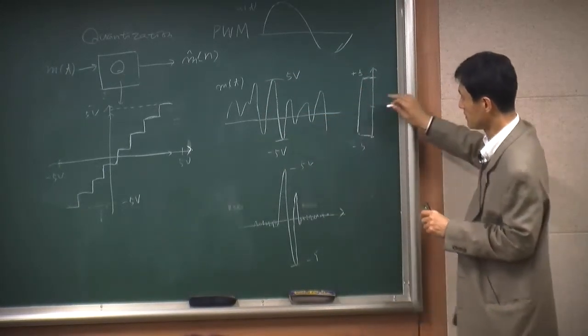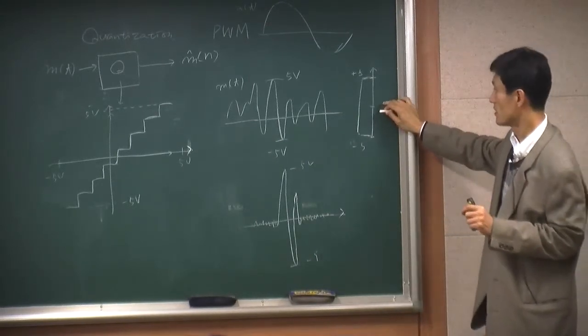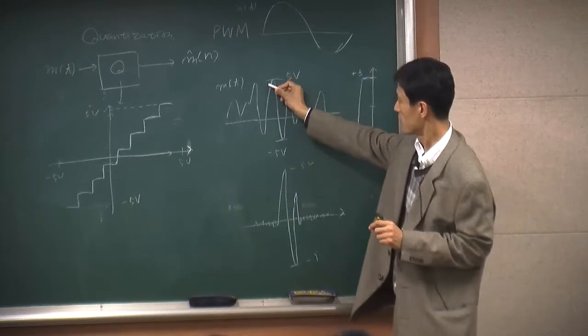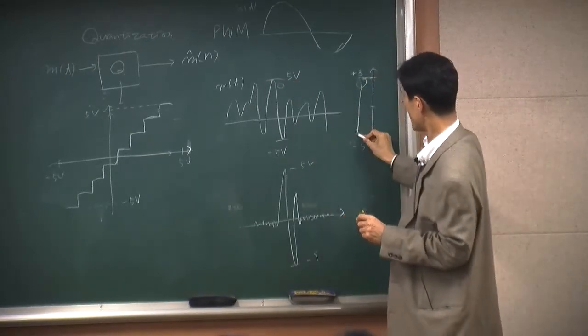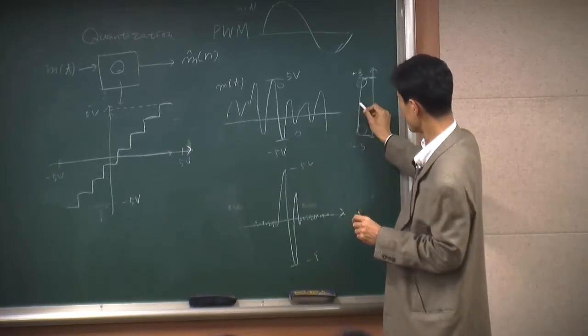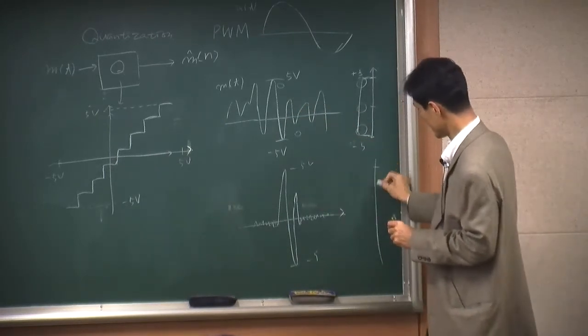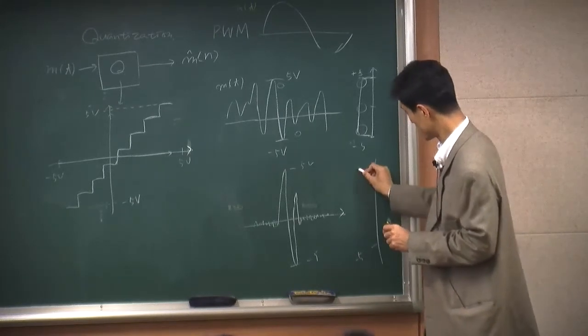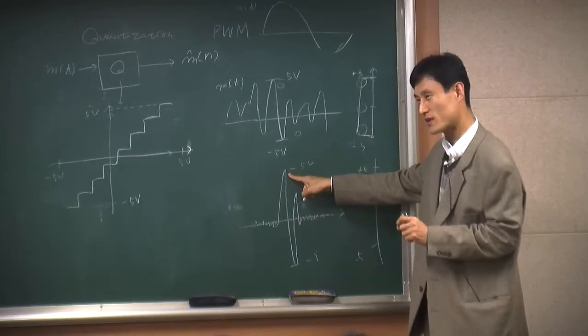This kind of signal, when you look at the value distribution, with some high probability you get this value, with some high probability we get this value, also high probability with this small value. But in this case, if you look at the distribution, this one happens maybe once in a while.